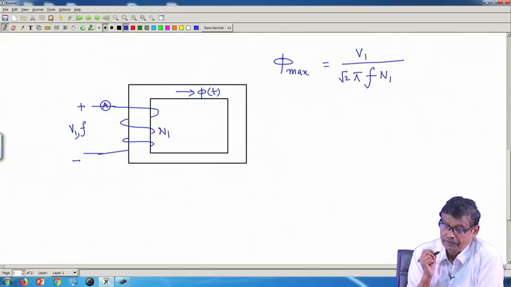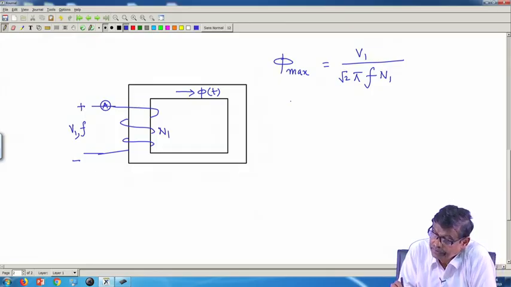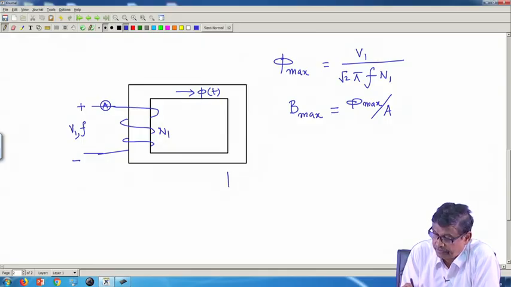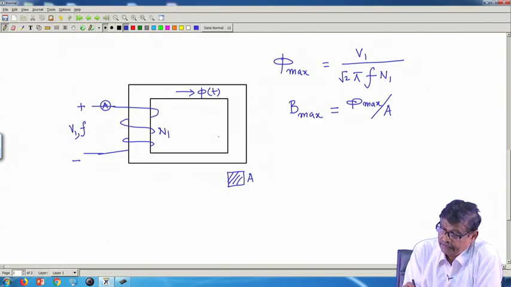This I know. Then I will calculate B max, which is equal to phi max divided by A, the cross sectional area of the core, supposing it is uniform and constant.